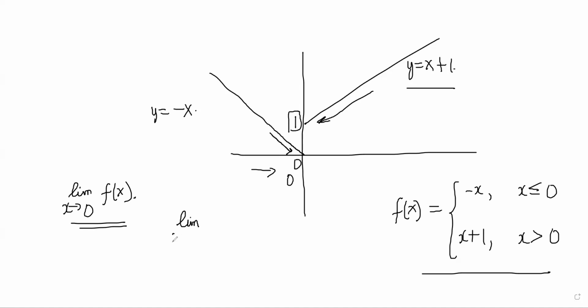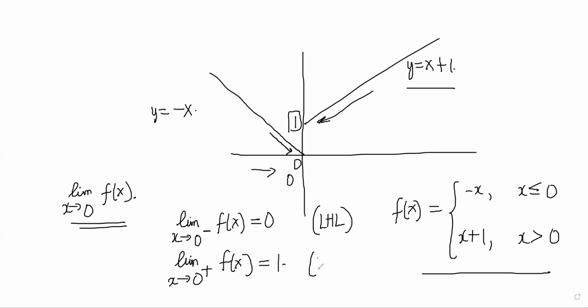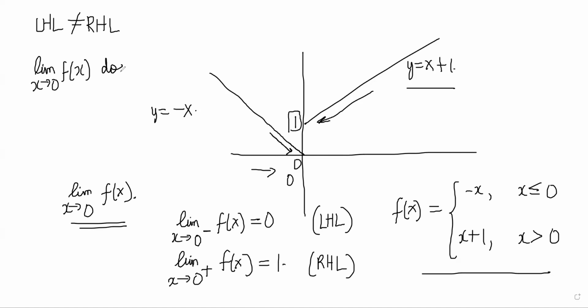So here we will say limit of x tends to 0 minus f of x is 0, but limit of x tends to 0 plus f of x is 1. Correct? Yes, sir. You can see that from the graph of the function itself, right? So this is LHL, this is RHL, and both are not equal to each other. LHL is not equal to RHL. So we'll say that limit of x tends to 0 f of x does not exist.